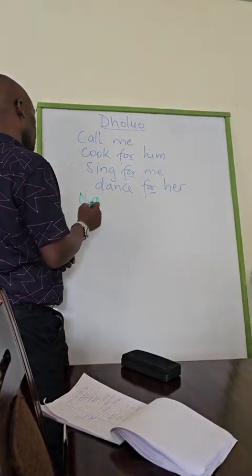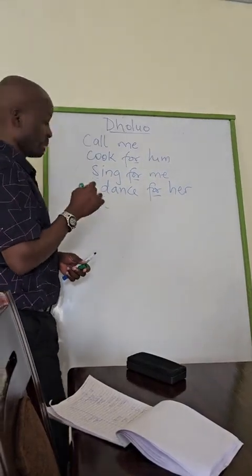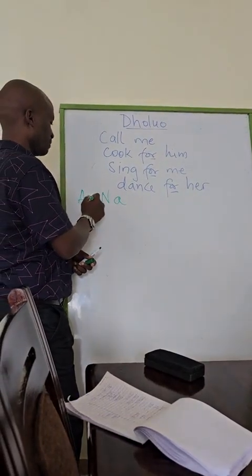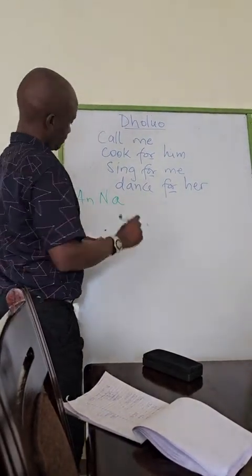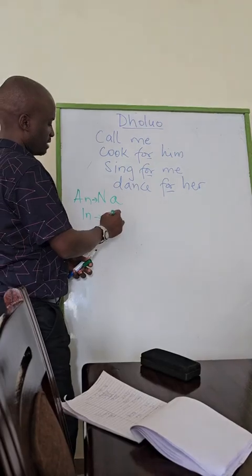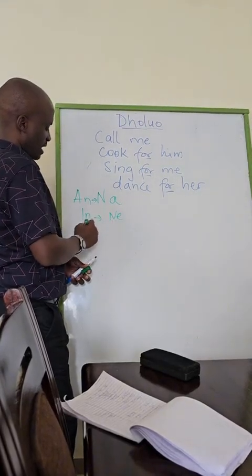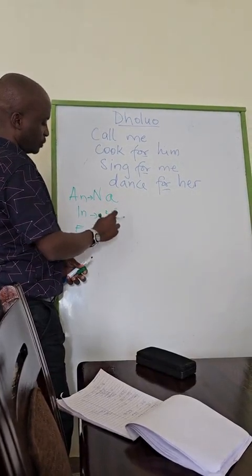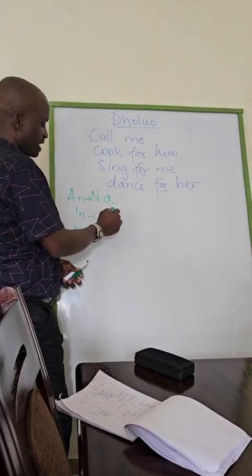na, and this is for the first person singular. Remember when we said an? For an, you'll say na. In, you'll say ne. En, you'll say no. For in, you'll say ni.